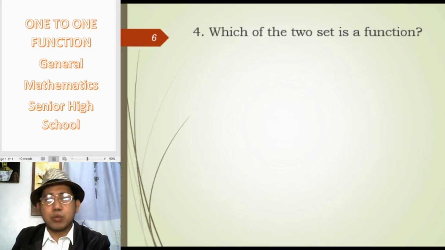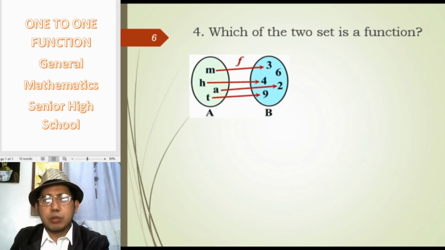Which of the two sets is a function? Consider this diagram. You will notice the function f, the domain A, M-A-T-H, is assigned uniquely to a certain number: 3, 4, 6, 2, and 9.